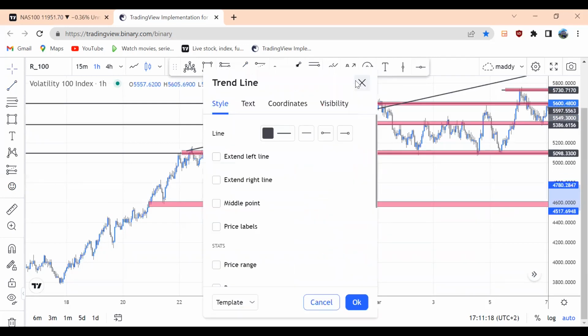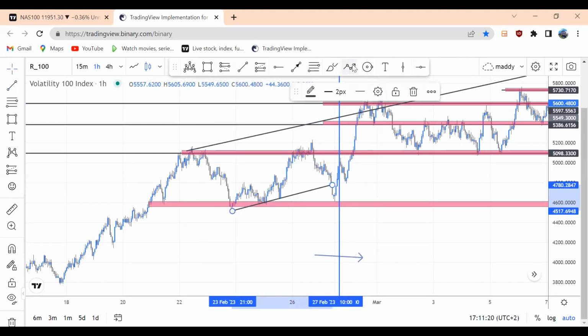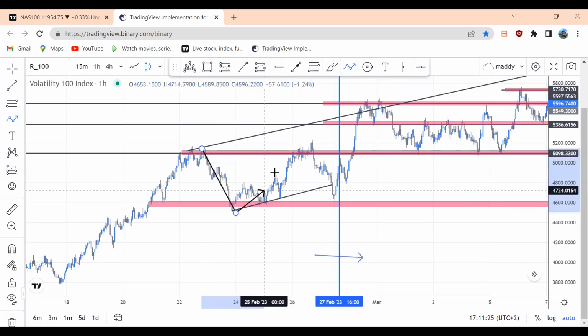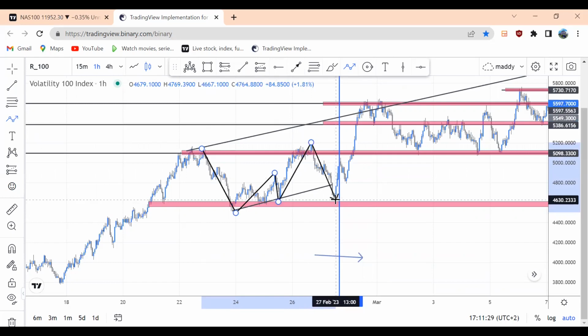And what did the market do? The market gave us a head and shoulders here, then look what it did: a breakout. After this breakout, the market was retesting the previous support structure.